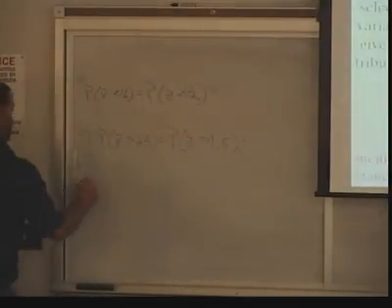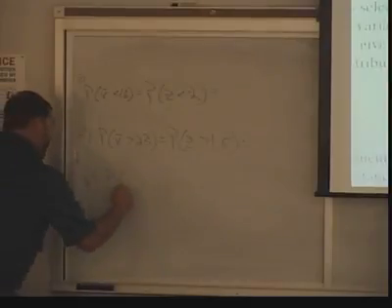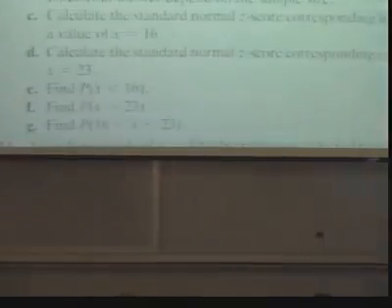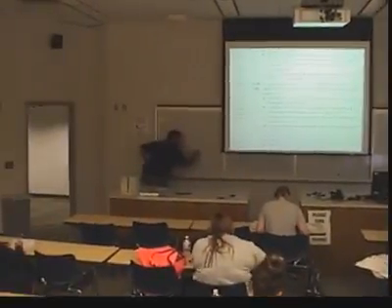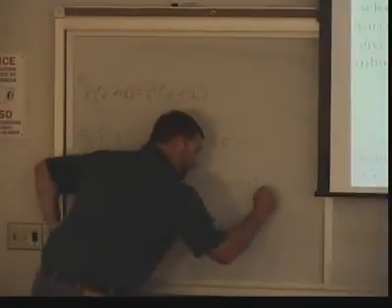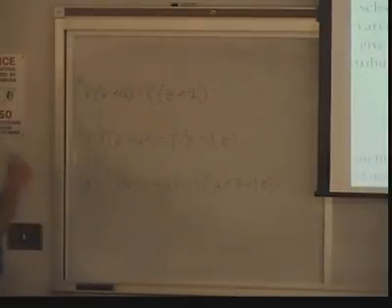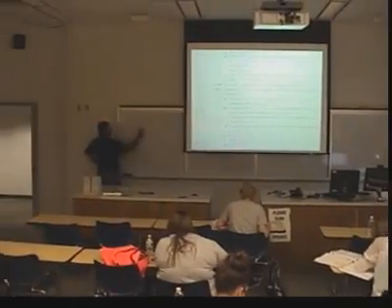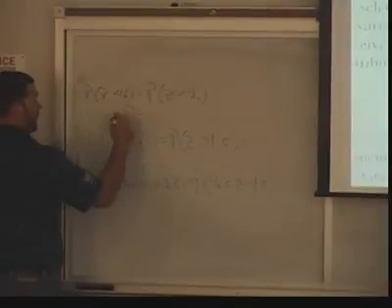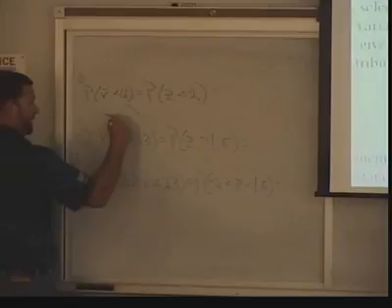And then G says the probability that 16 is less than x bar is less than 23 is equal to the probability that negative 2 is less than z is less than 1.5. So this one's going to be the tail, right? Here's the normal curve, and here's negative 2, so it's this stuff down here.